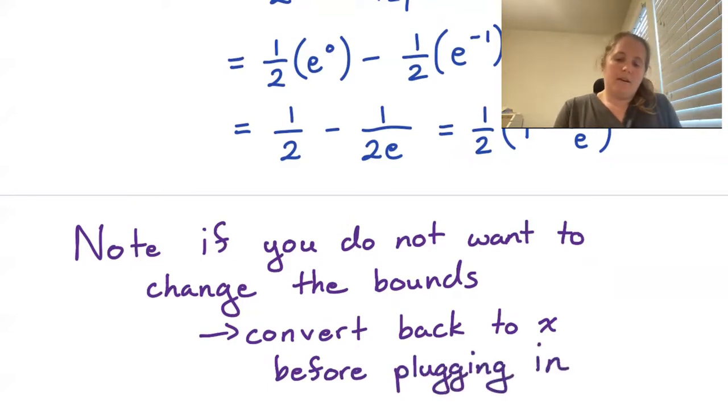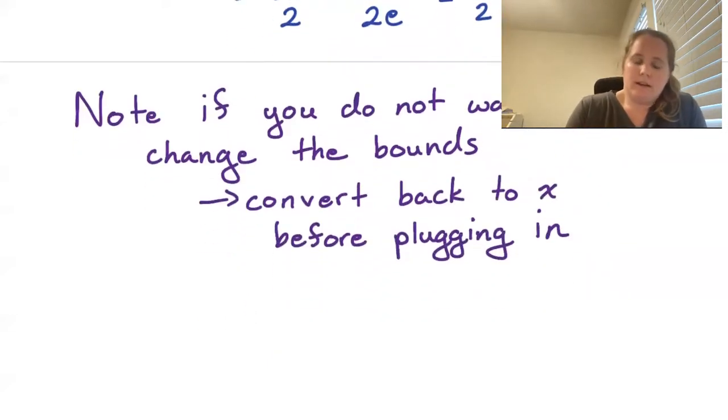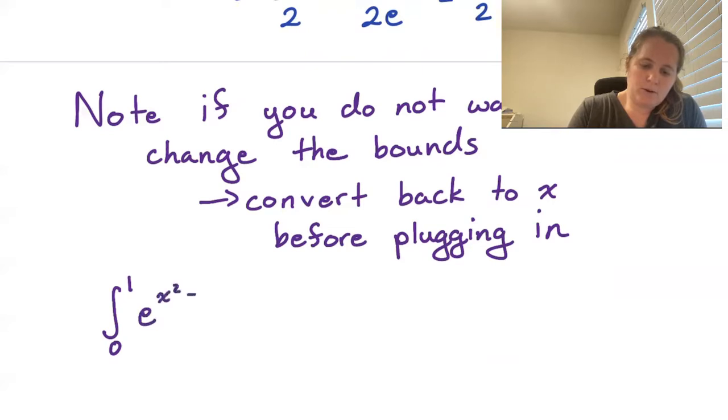So again, essentially what we could have done is we had the definite integral from 0 to 1 of e to the x squared minus 1 times x dx.